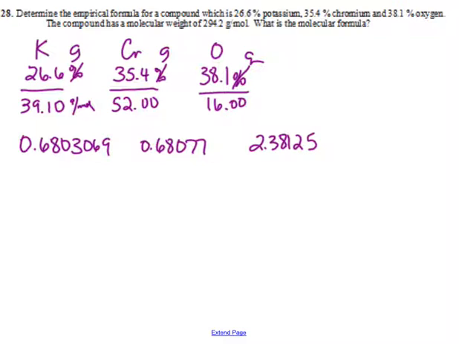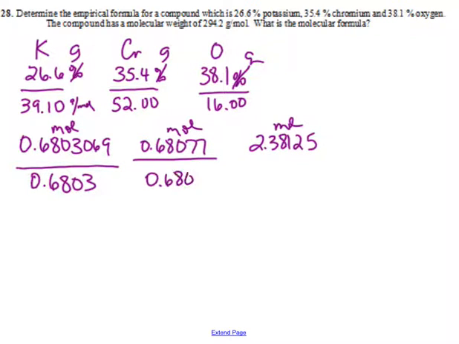So what do we do with these moles? Divide by the smallest, which is pretty much 0.68. So just divide by, just to make life easier, 0.6803. All right, so this is a 1 for sure.